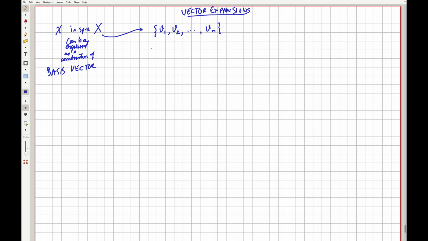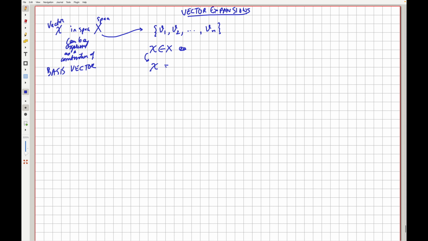Then what we say is any vector x, so this is the vector we are talking about and this is the space, any vector x that belongs to this space X can be written as a linear combination of the basis vectors.